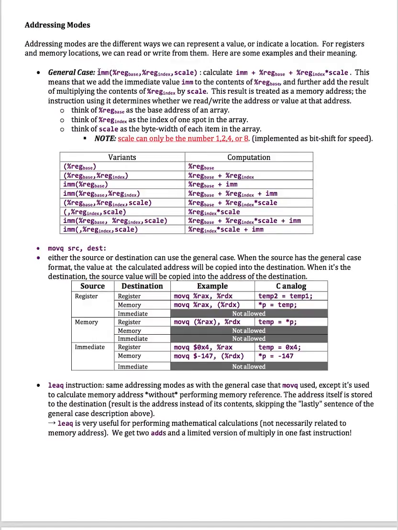The general form of addressing mode is as follows, which indicates the address of immediate plus base register plus index register multiplied by scale, where we have to note that the scale can only be the number 1, 2, 4, and 8, because this is implemented using bit shift for fast speed.